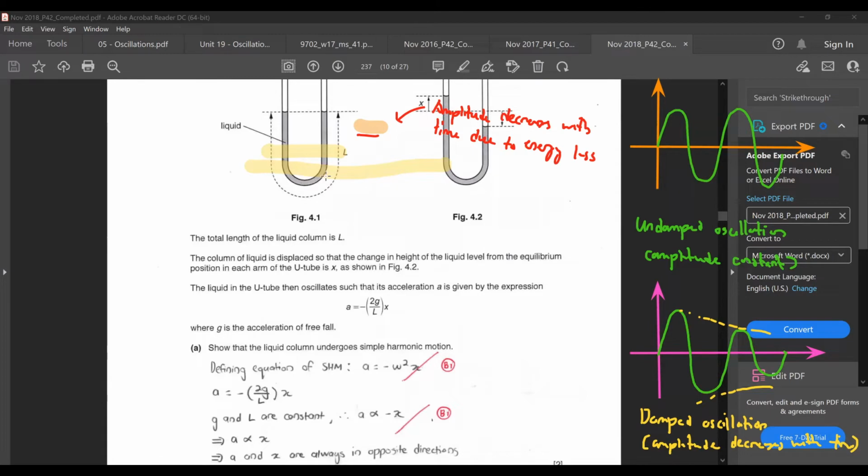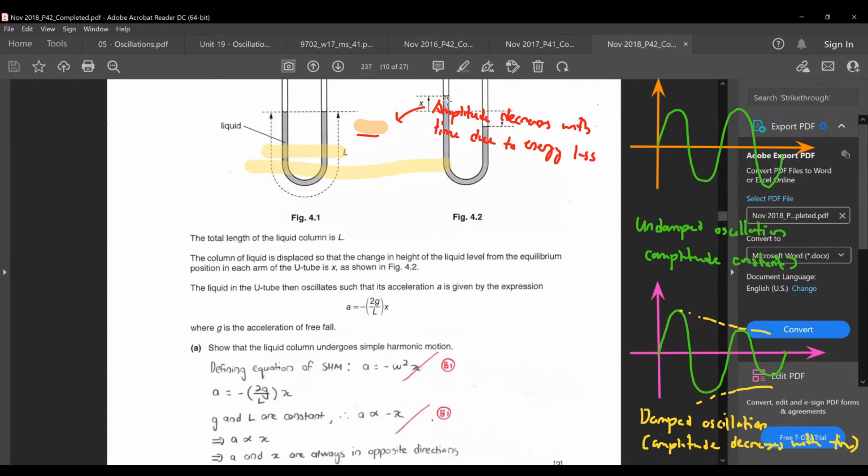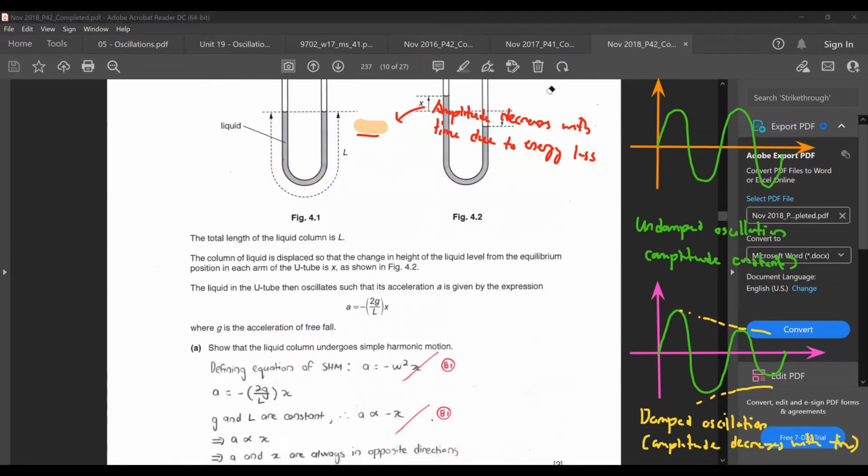You have the tube here and inside it you have a liquid, in a U-tube. As the liquid flows up and down inside the tube, it's rubbing against the tube.